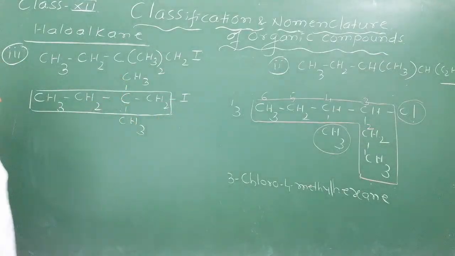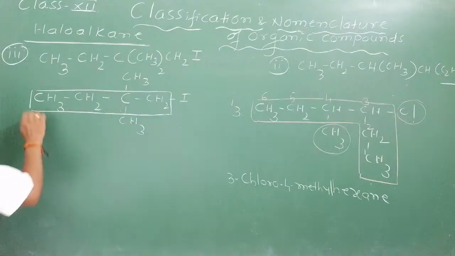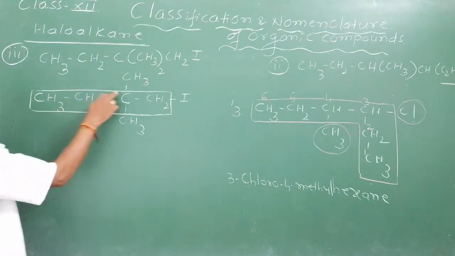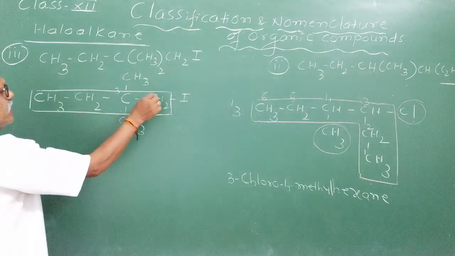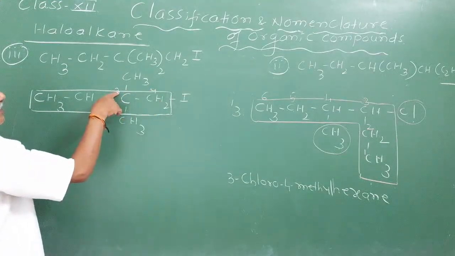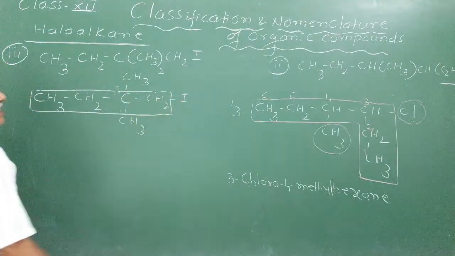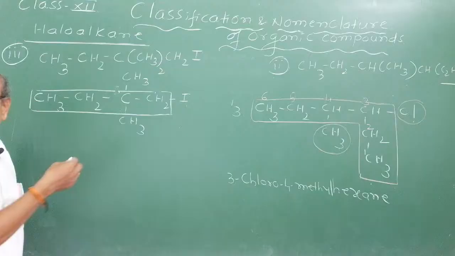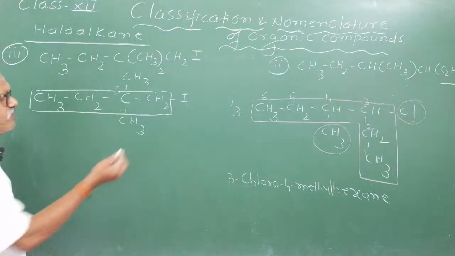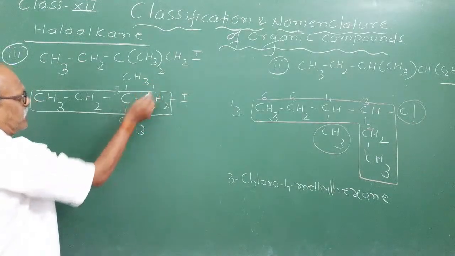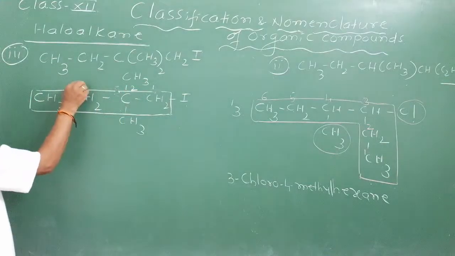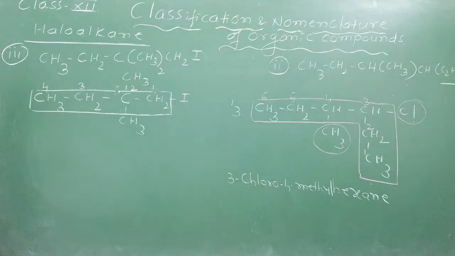Numbering can be done from left to right or right to left. If you take left to right, 1, 2, 3, you will get 3, 3, then 4. 3, 3 becomes 6, 6 plus 4, 10. And the iodine atom is here. Therefore, you have to start numbering from right to left. 1, 2, 3, 4.